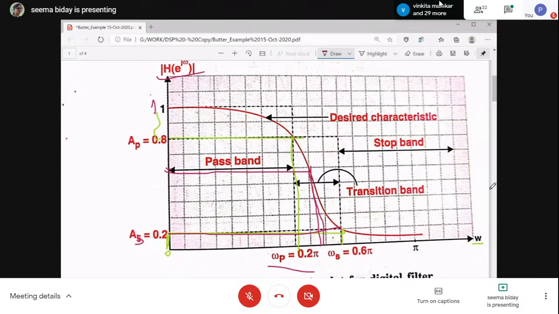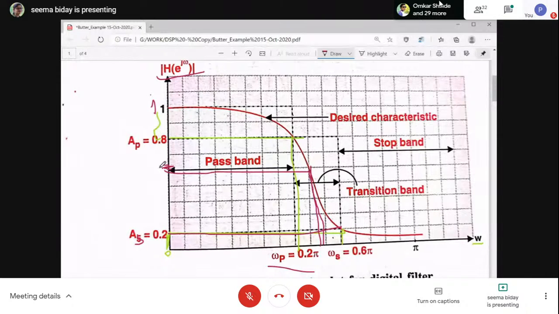This 3 dB is okay, Devashri. I am asking you, if this is the cutoff frequency, suppose it is 0.4 pi, at the cutoff frequency, what should be my gain?